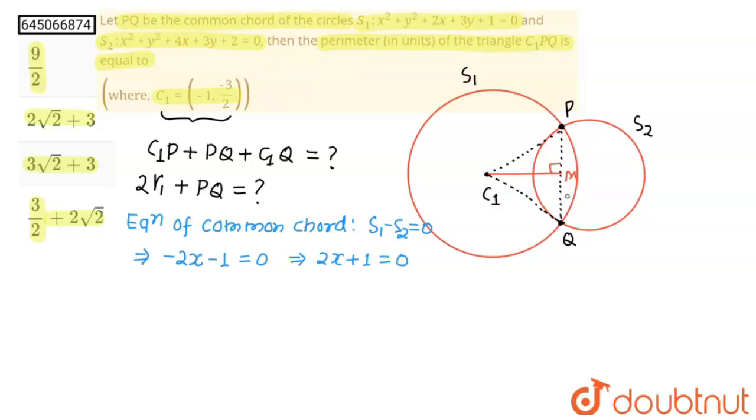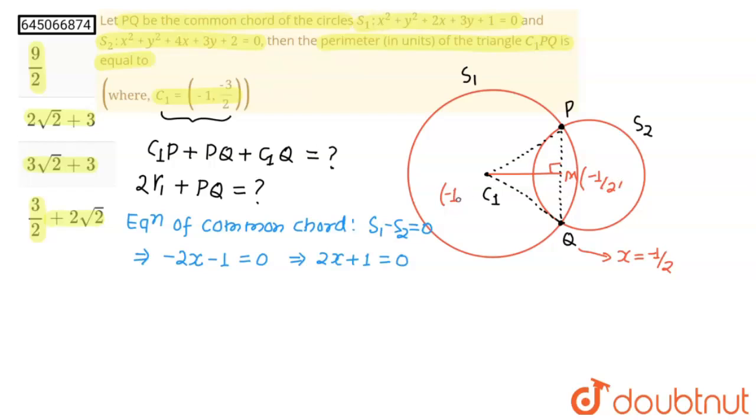No problem. Now see, the x coordinate of C1 is minus 1, and the equation of line PQ is 2x plus 1 equals 0, which also means x equals minus 1 upon 2, so the x coordinate of every point on this line will be minus 1 upon 2.